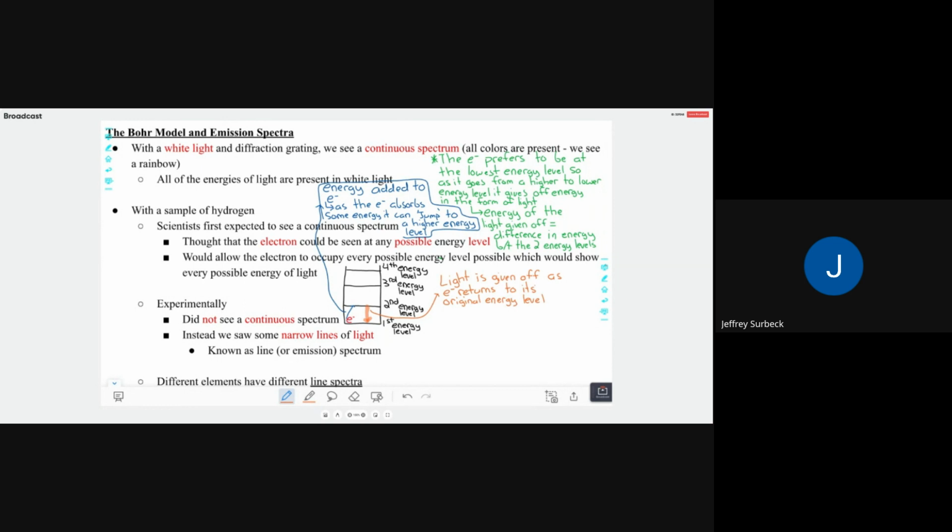With our light, as our electron goes to a different energy level, it will give off a specific color of light. Or as it goes from a higher to a lower energy level, it's going to give off that light.